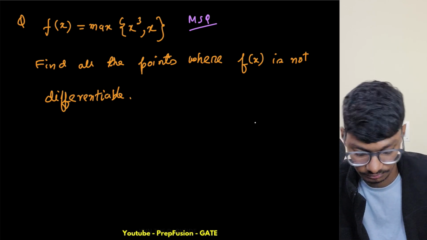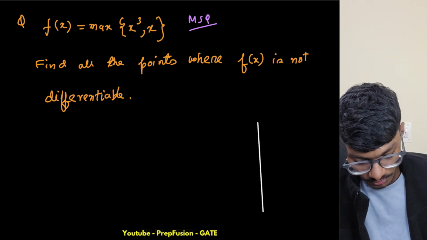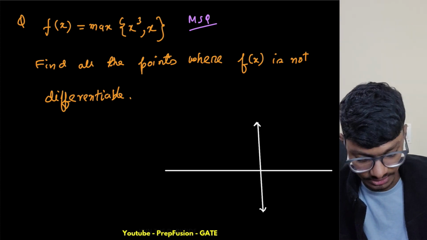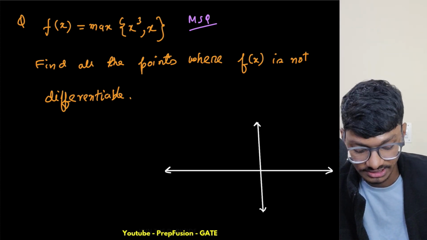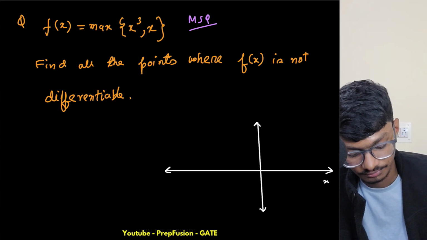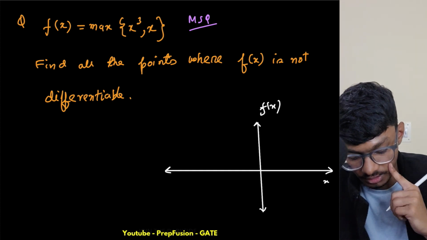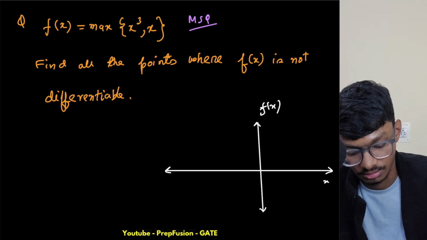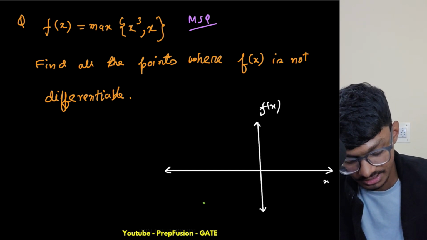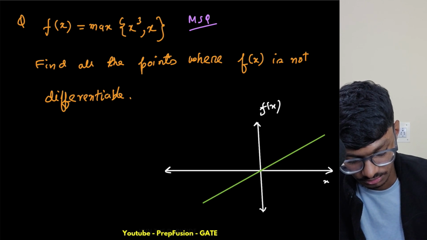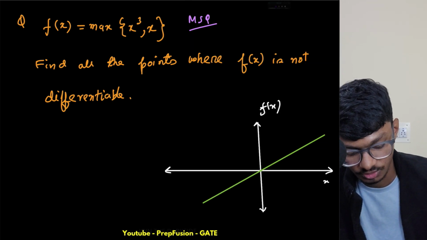So how to do it? Simply let us draw the two graphs here, of x cube and simple x. Simple x is a straight line passing through the origin. And how about x cube?